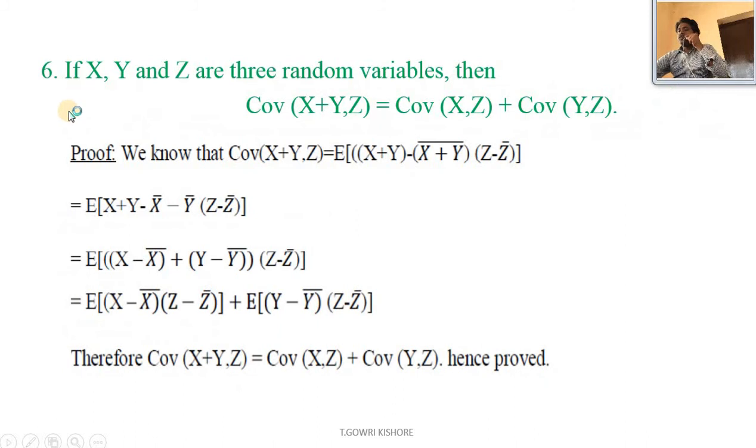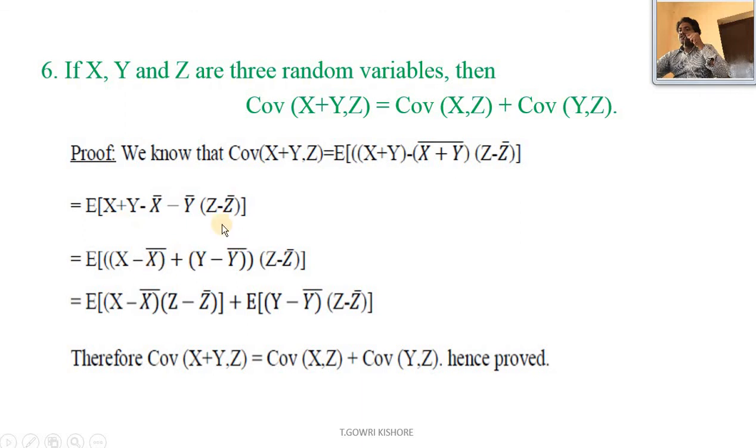hence proved. If x, y and z are three random variables, then co of x plus y comma z is equal to co of x comma z plus co of y comma z. Proof: we know that co of x plus y comma z is equal to expectation of x plus y minus x plus y whole bar into z minus z bar. Expectation of x plus y minus x bar minus y bar into z minus z bar.